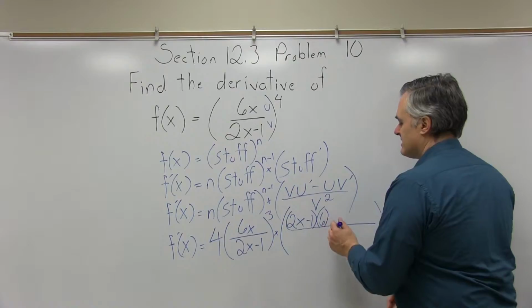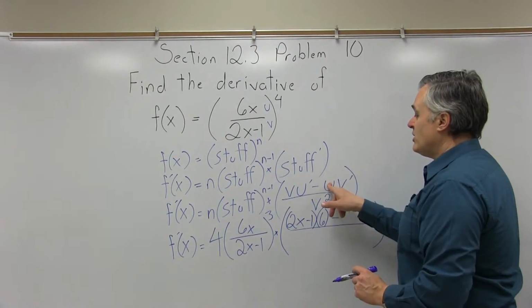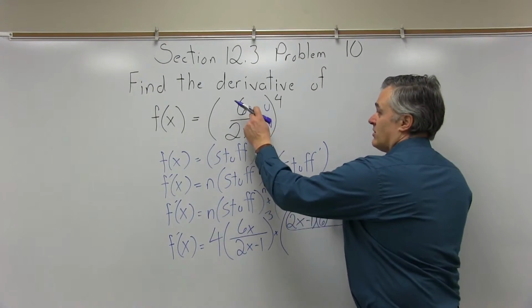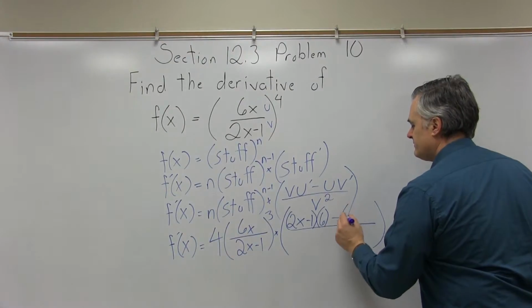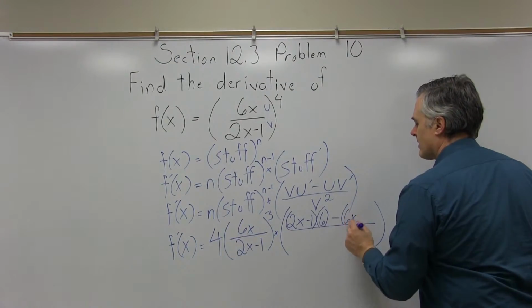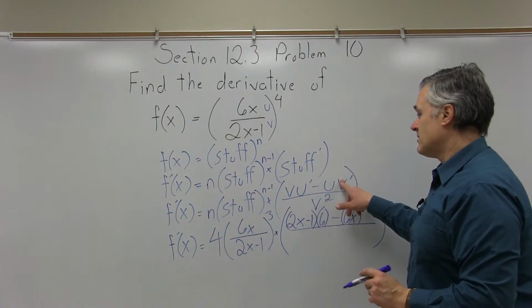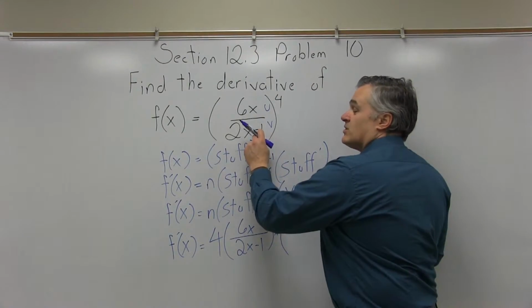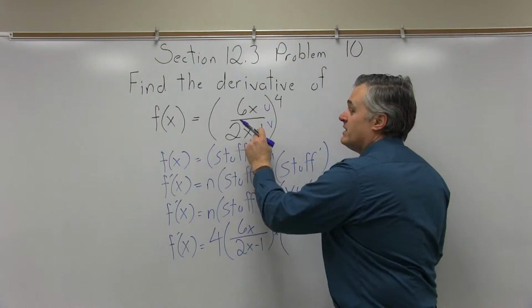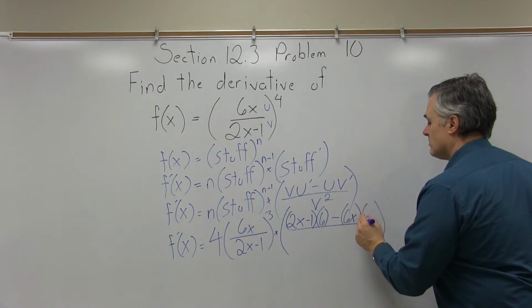Now I have minus u, no prime, so 6x, times v prime. V is the denominator, 2x minus 1, and v prime will just be 2.